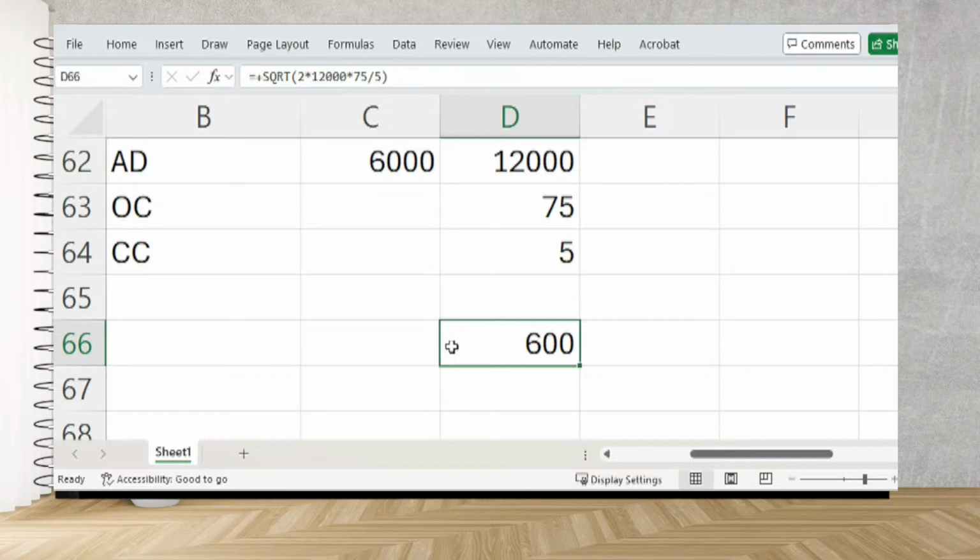Sorry, I was not considering the square root; I also consider the square root. So 2 multiplied by 12,000 multiplied by 75 divided by 5. Okay, so it comes to 600 per order quantity.